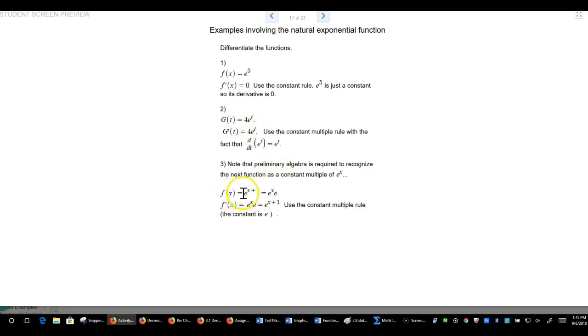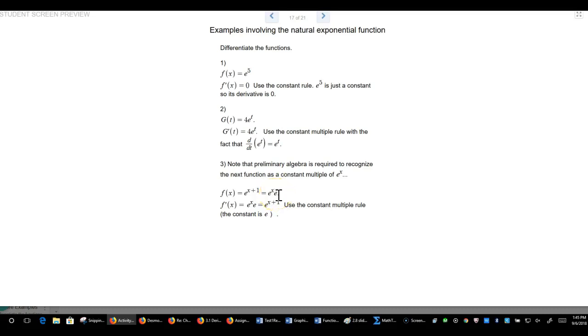And now let's look at another one, f of x equals e to the x plus 1. Well, does that rule apply if the power is not just x? We don't know. But what we do know is that we can use algebra to turn e to the x plus 1 into e to the x times e. So we're using our laws of exponents from way back. And remember, e is just a constant.